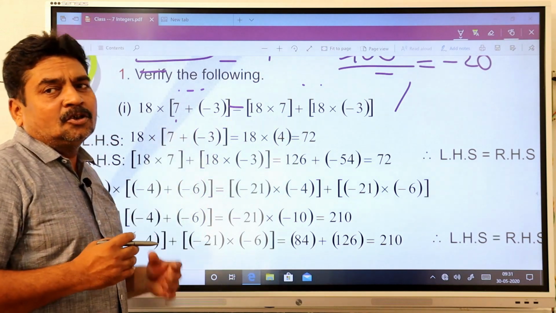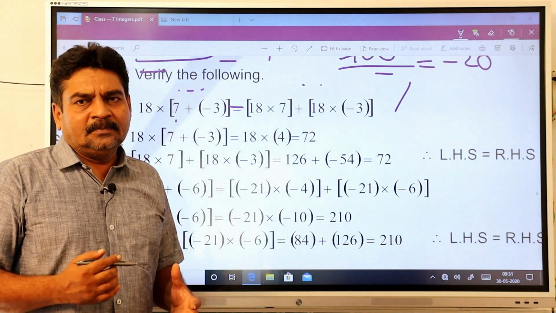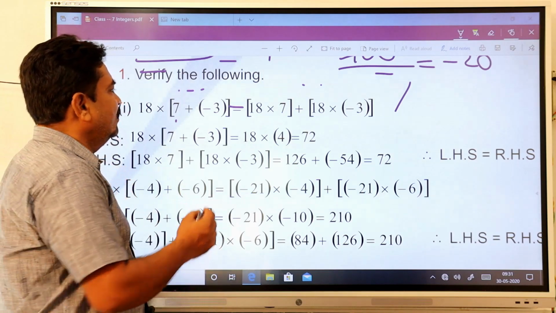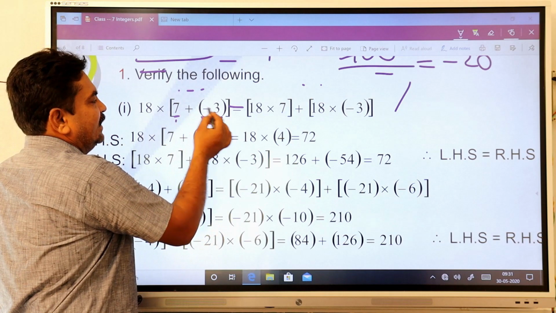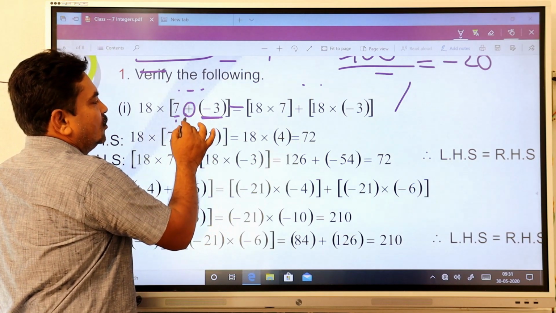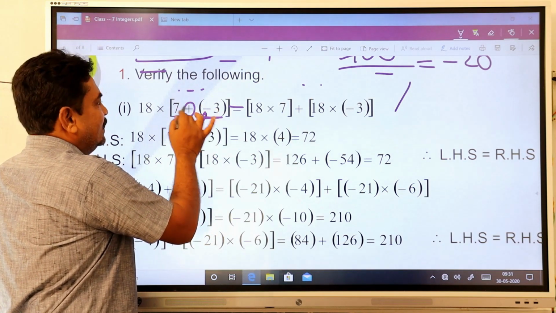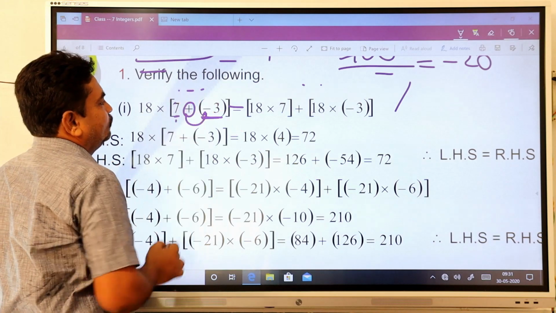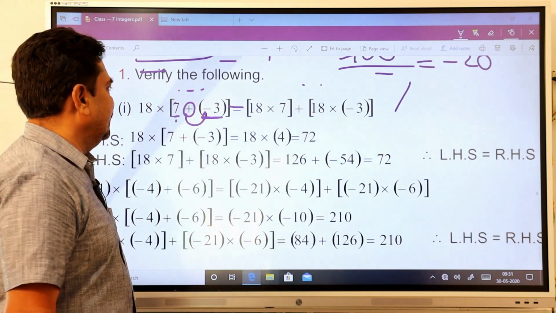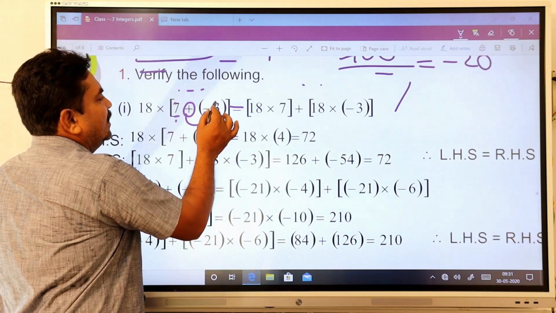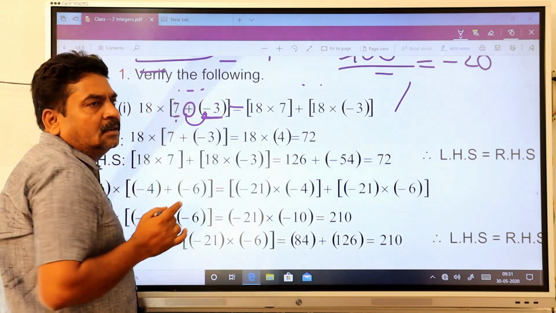You have to first open the brackets. In the bracket you have two values: 7 and minus 3, with plus in between. So plus into minus is minus. So 7 minus 3. How much is 7 minus 3?